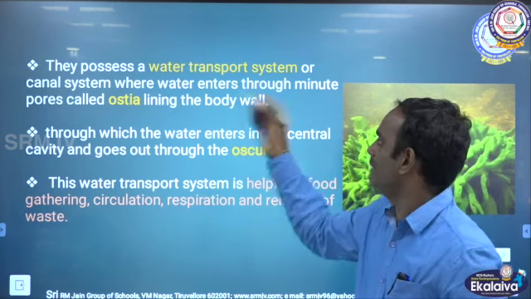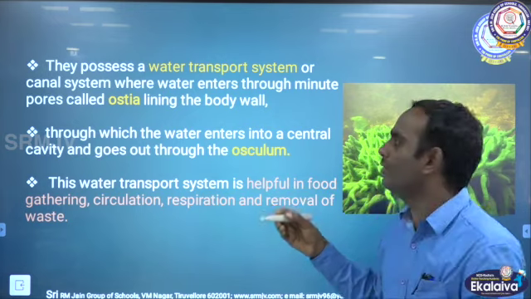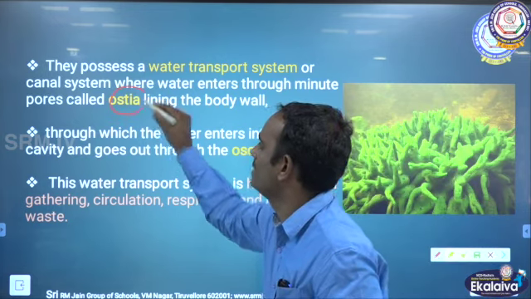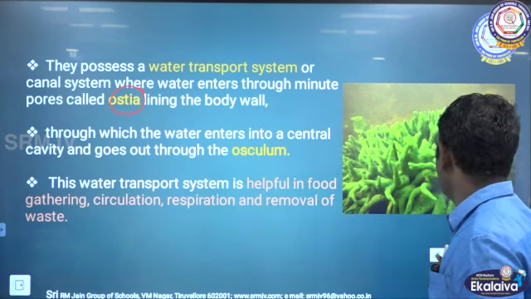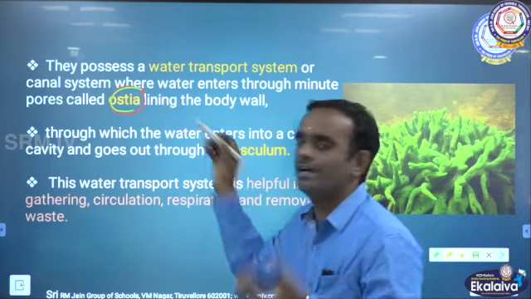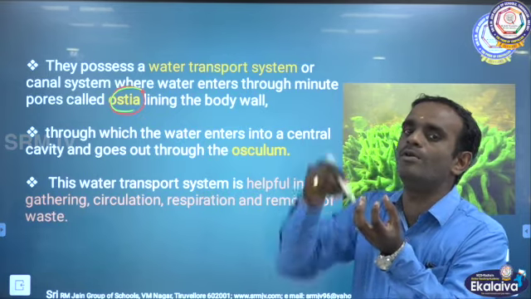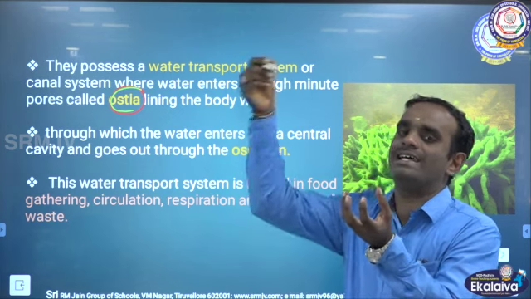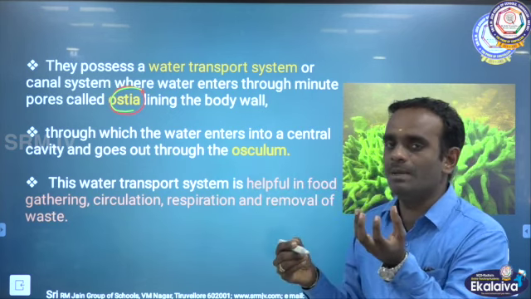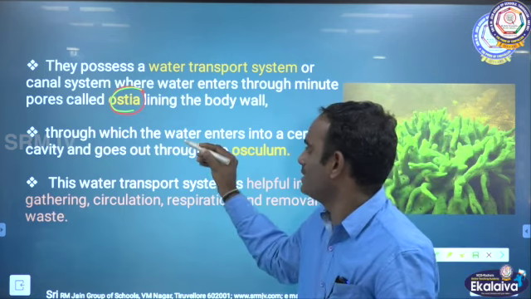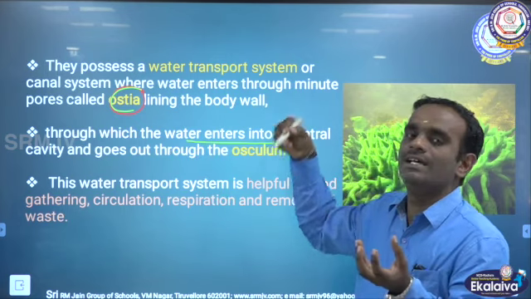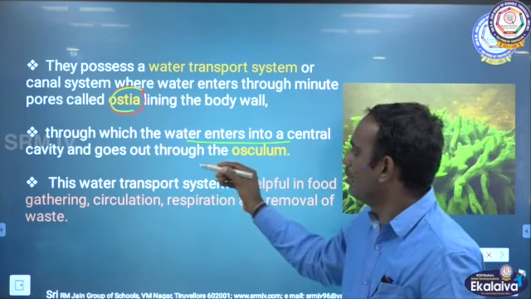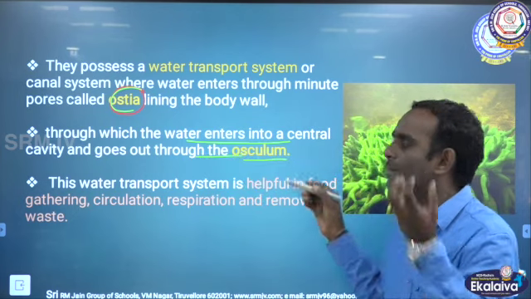Water enters through minute pores called ostia. See here, it is a very important one. Ostia are small pores, small gaps through which water can enter into the body. Can you get my point? Yes. Through which the water enters into the canal cavity and goes out through the osculum.